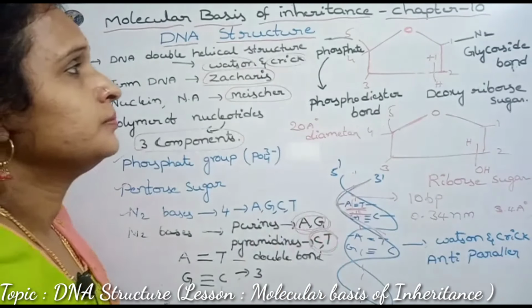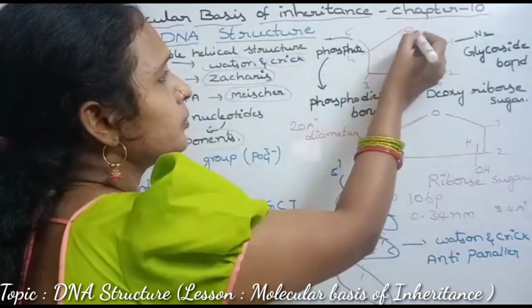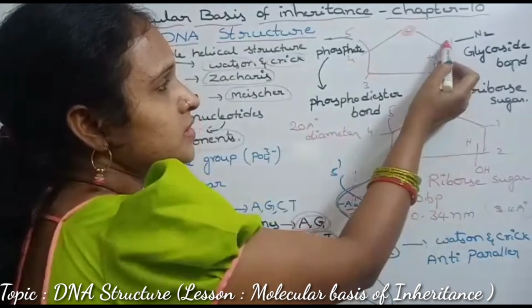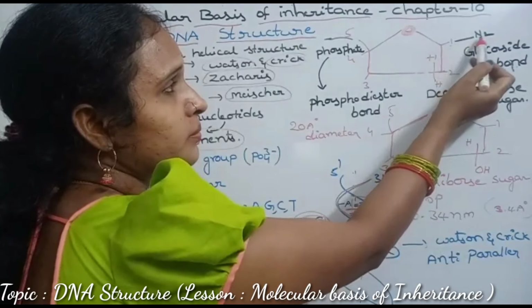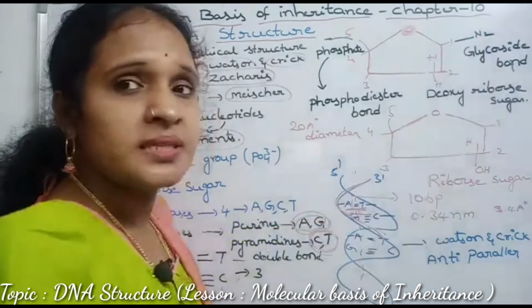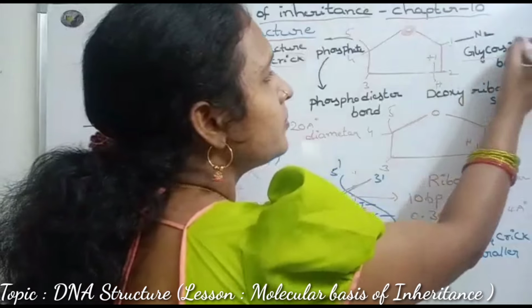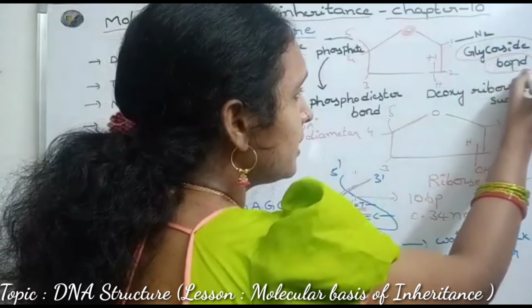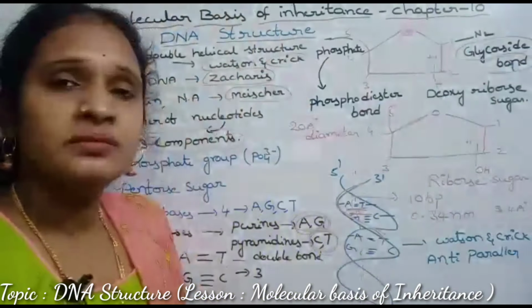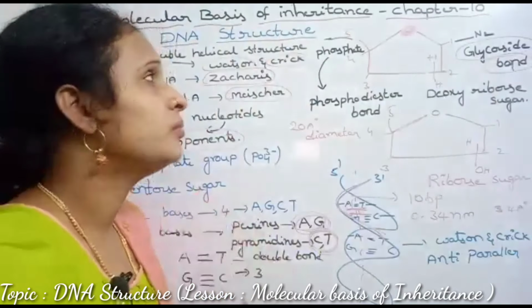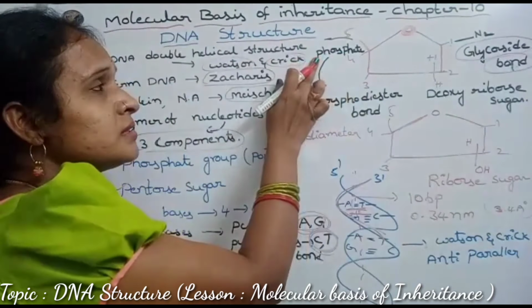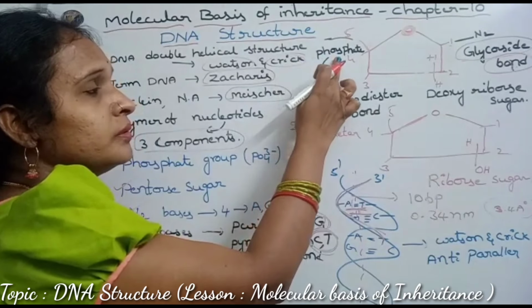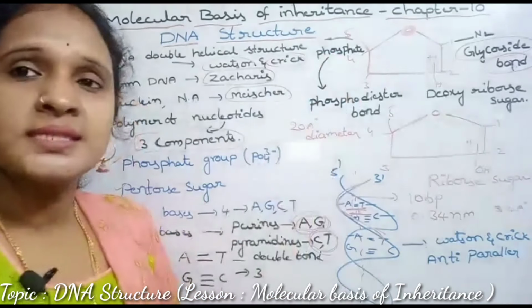Next, the pentose sugar group. The first carbon always binds with the nitrogen base with a glycosidic bond, important for MSET or IPE. And the fifth carbon is always attached with the phosphate group with a phosphodiester bond.